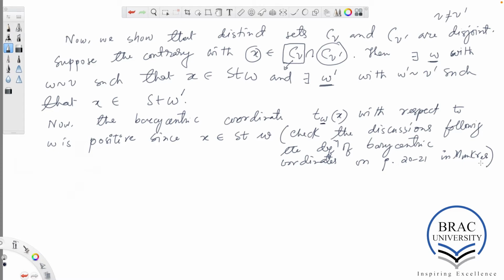We know that as long as x belongs to this star of w, this barycentric coordinate is positive. Similarly, the barycentric coordinate of x with reference to the point w prime is also positive.